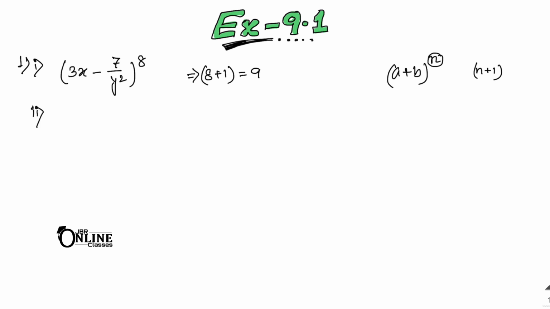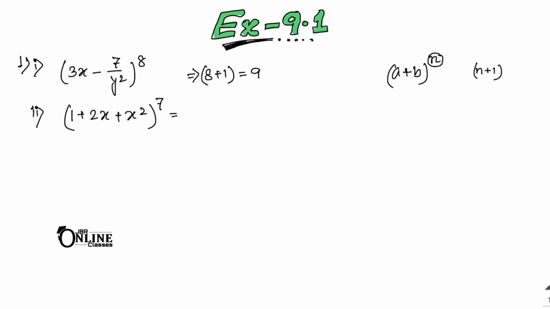Now next one, number 2. In number 2 you have (1 plus 2x plus x square) whole to the power 7. So here first you have to convert this into a binomial expansion. Binomial expansion means only two terms will be there.